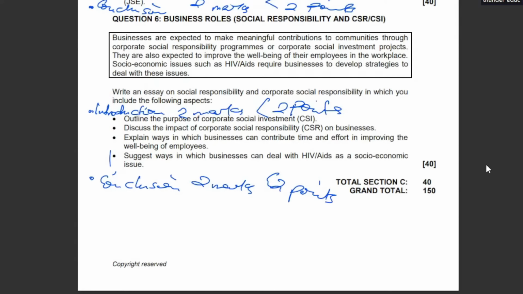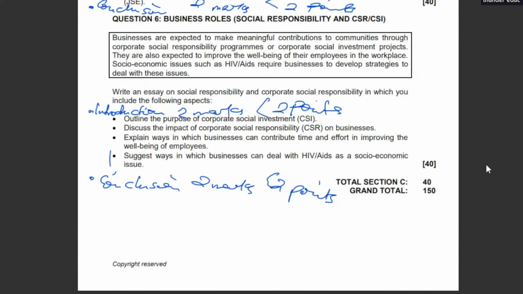So now we can structure our introduction as follows. Bullet number 1, HIV or AIDS pose many challenges to businesses and may affect their sales and productivity. That is the first bullet. The second bullet, we can go as follows.